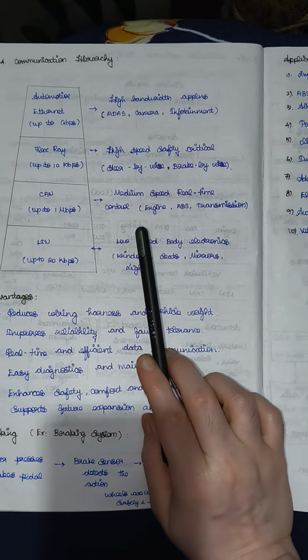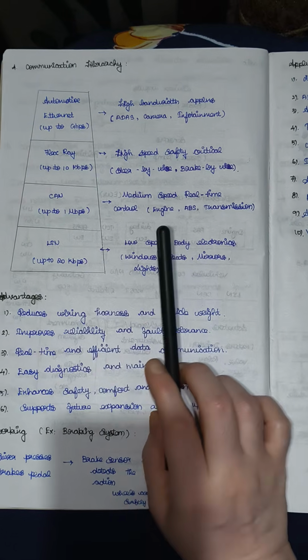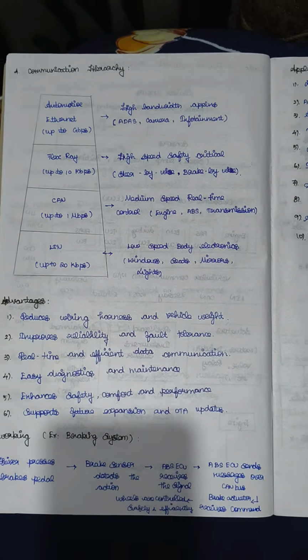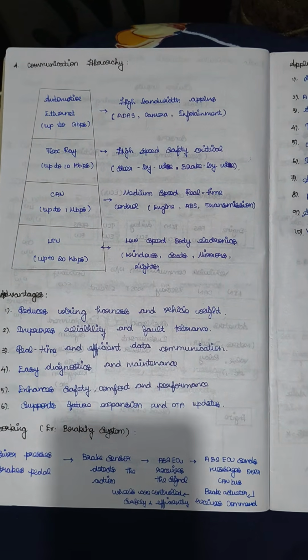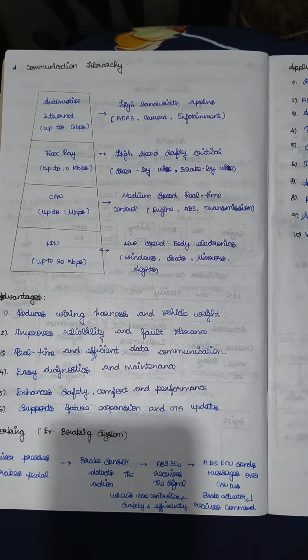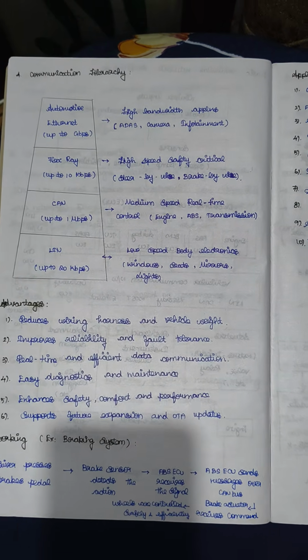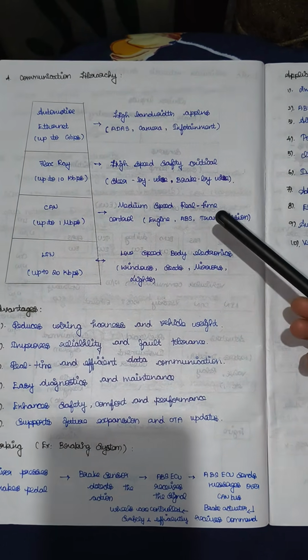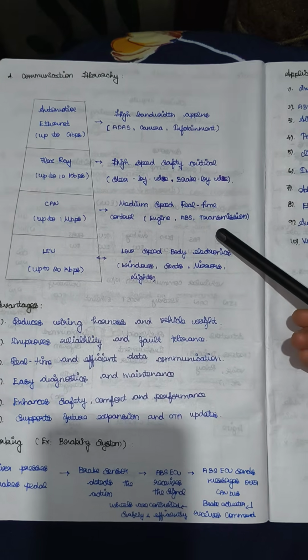The next one is CAN, the Controller Area Network, which is used up to 1 megabit per second. It provides medium speed communication and is widely used for real-time purposes such as engine, ABS, and transmission.